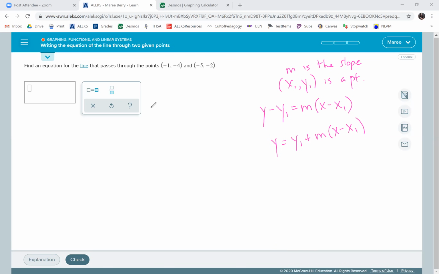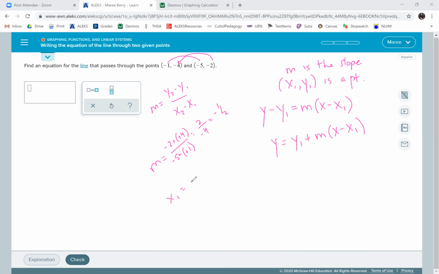So let's do the second y, -2 minus a -4. And then we do the x's, -5 minus a -1. So this is a +4 minus 2 is 2. -5 plus 1 is -4. So -1/2 is m.